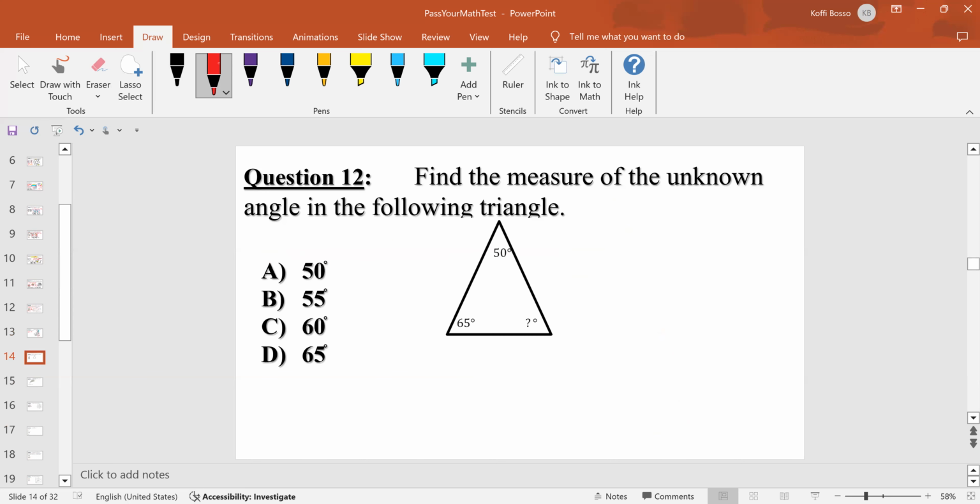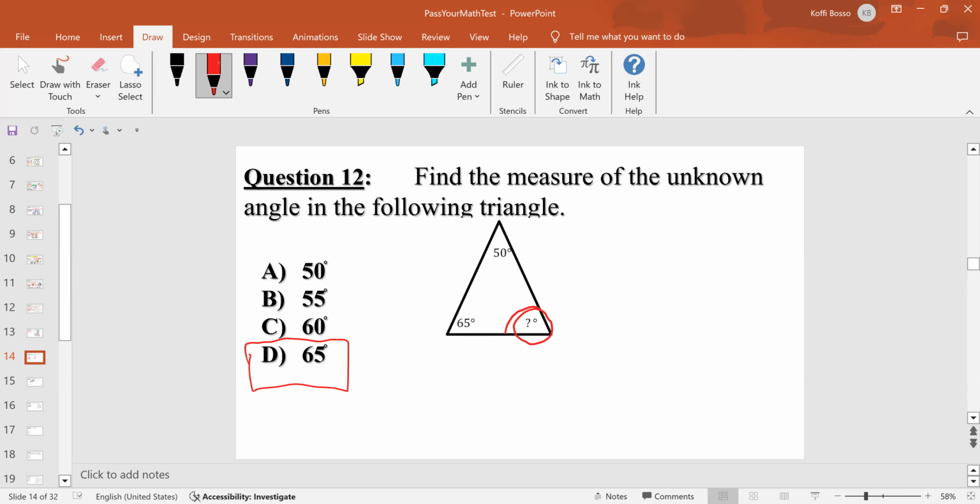Question number 12. Find the measure for the unknown angle in the following triangle. Look, the unknown angle is here. For question 12, again, you can pause the video and challenge yourself before you continue. But I can tell right away that the answer is D. Understand that in any triangle, the sum of the three angles is 180.